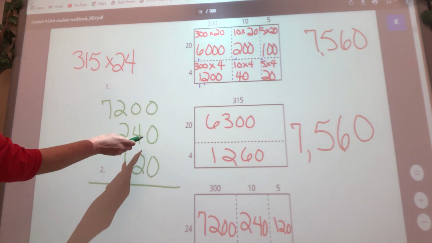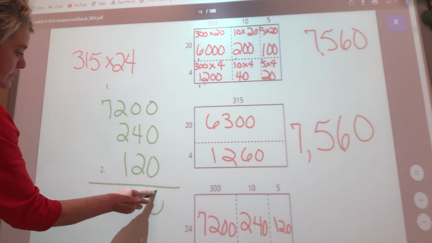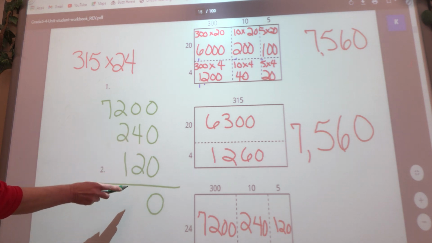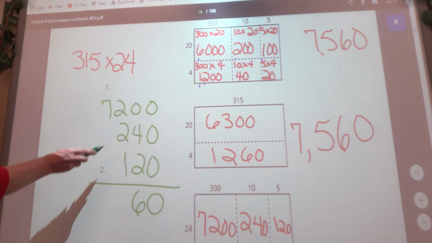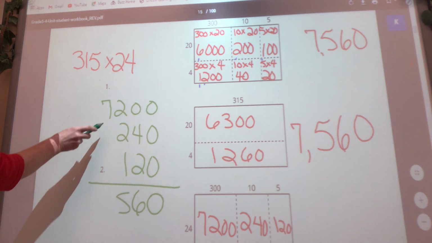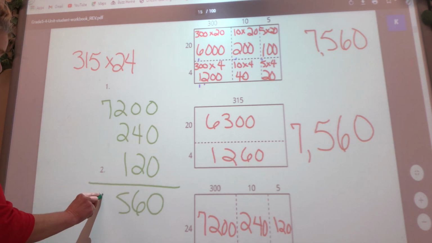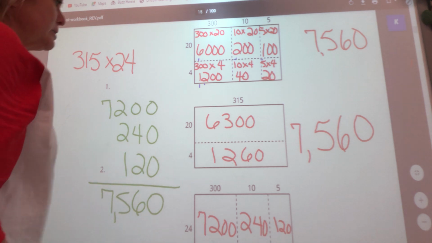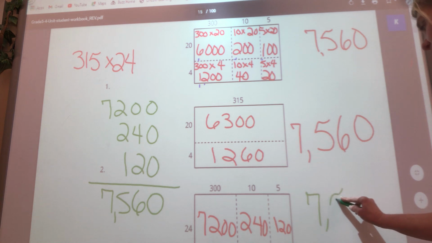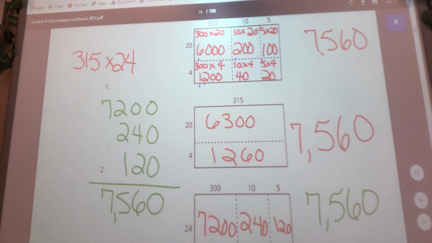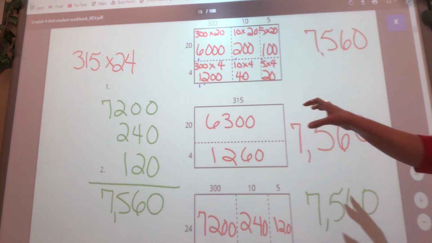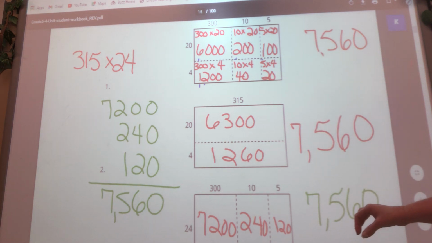So I have 0, 0 plus 0 is 0. 0 plus 4 is 4. Plus 2 is 6. 2 plus 2 is 4. Plus 1 is 5. And 7 is over here by itself. So for a third time, we have gotten 7,560.